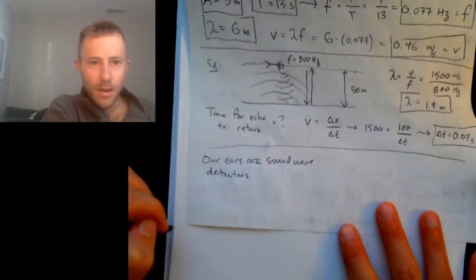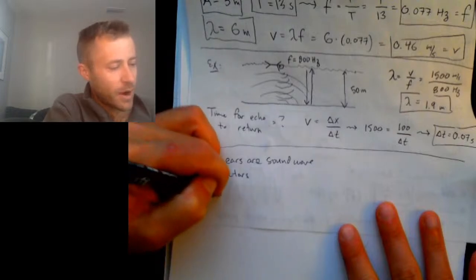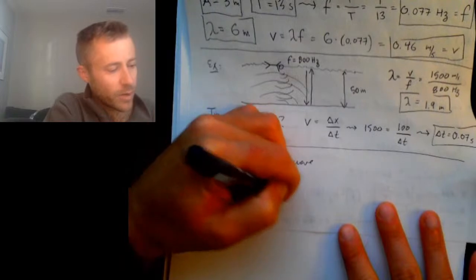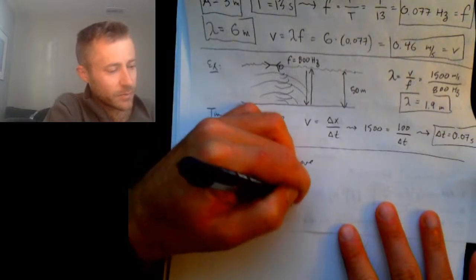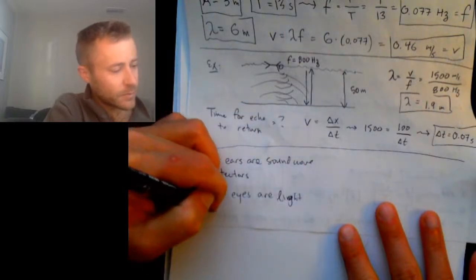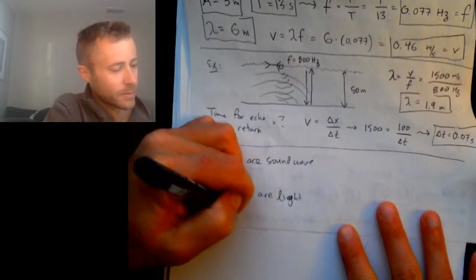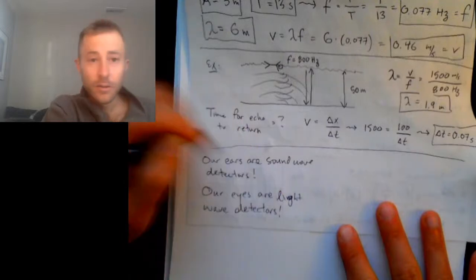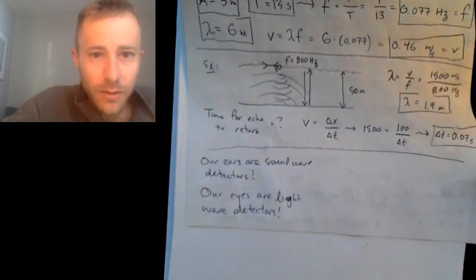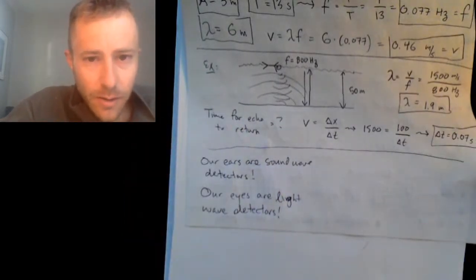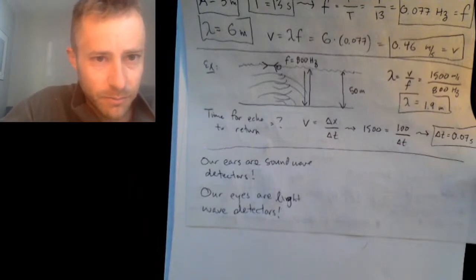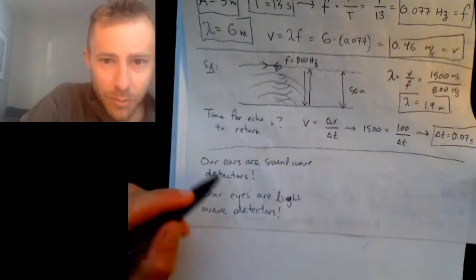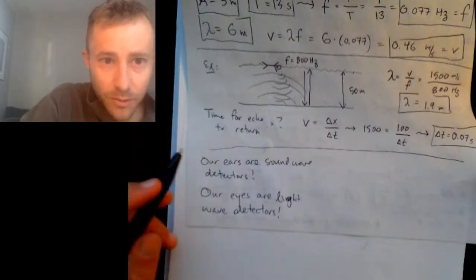Okay, and our eyes are light wave detectors. Okay, so 2 of our 5 senses are detectors of waves. Now how does our brain process the properties of a sound wave?